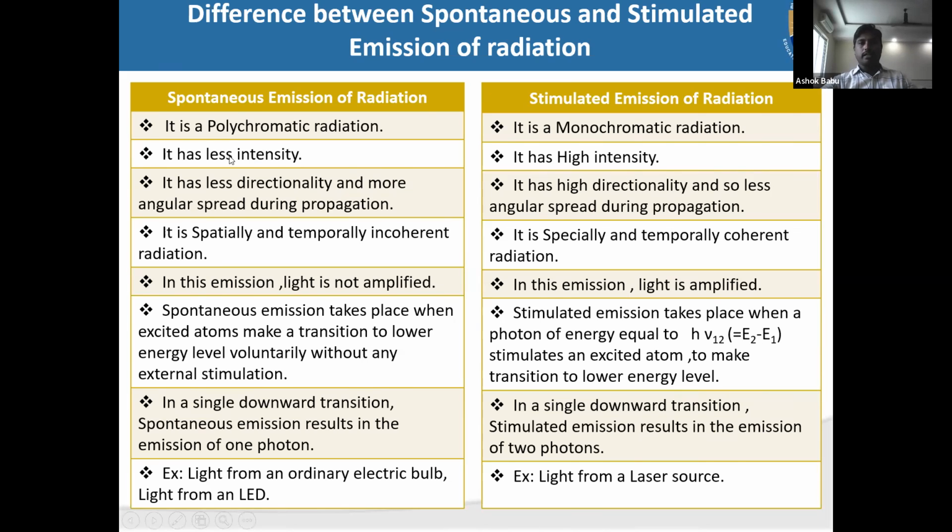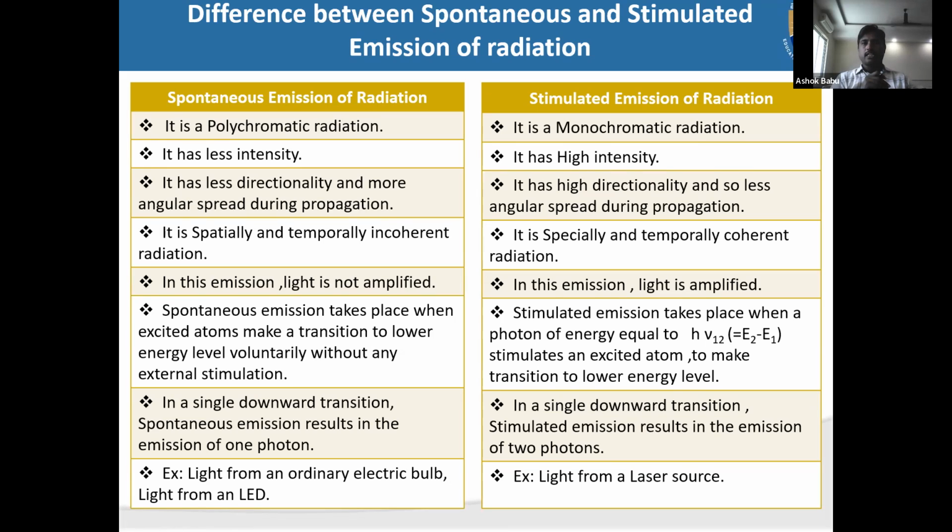The example for spontaneous emission is light emitted from a normal electrical bulb or from an LED. The photons emitted are not coherent. That's why the light spreads over the room or over the atmosphere, and that's why it has less intensity. When you observe laser light, all lasers produce a single color with high intensity. That's why it travels in a single direction without much spreading over kilometers.